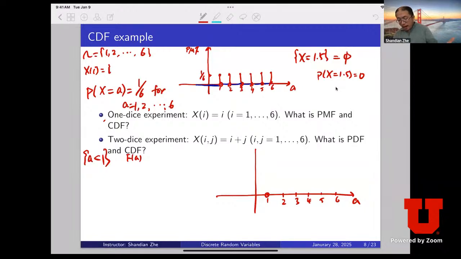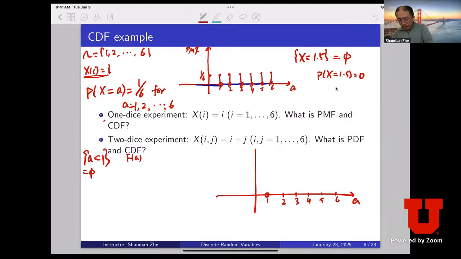You want to say which set of elements in your sample space is such that your random variable's value is less than or equal to A. When A is less than 1, you'll find no one. No element in the sample space will give that, because X's value is at least 1. When A is less than 1, no X value will be below 1. So in this case, this event is just an empty, impossible event.